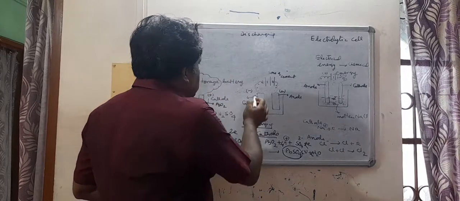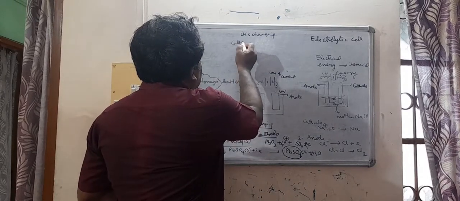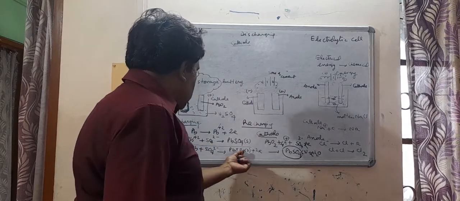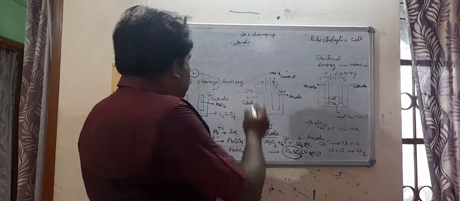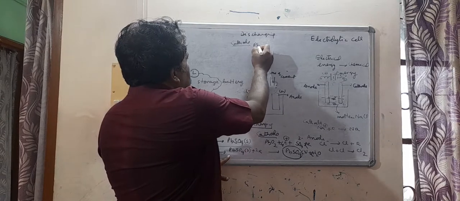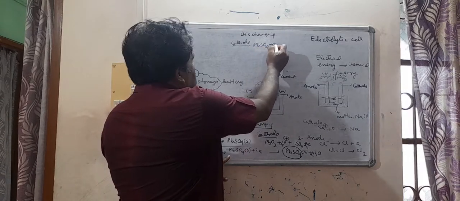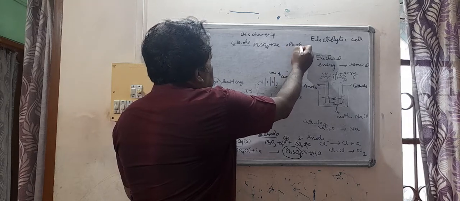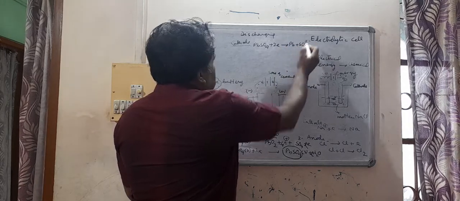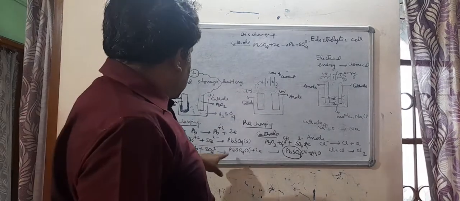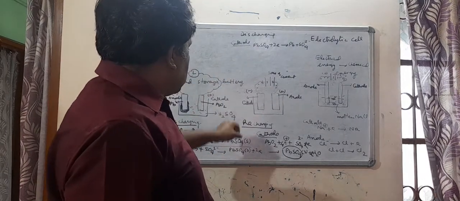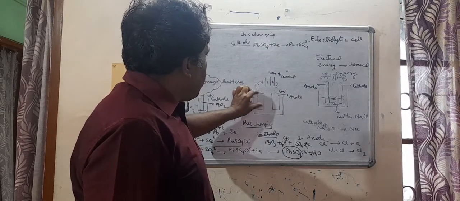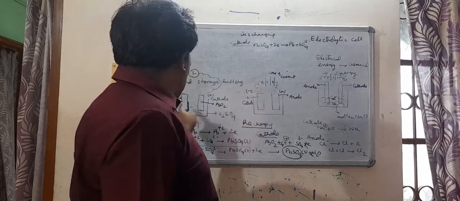So at the cathode, what reaction takes place? It will be just the opposite of this. If I write like this, PbSO4 plus 2 electron gives Pb plus SO4 2 minus. So this one is going to happen at the cathode, and it will come back to the initial state of Pb.